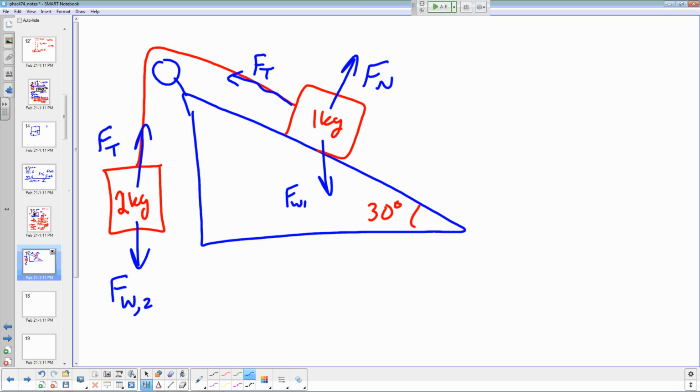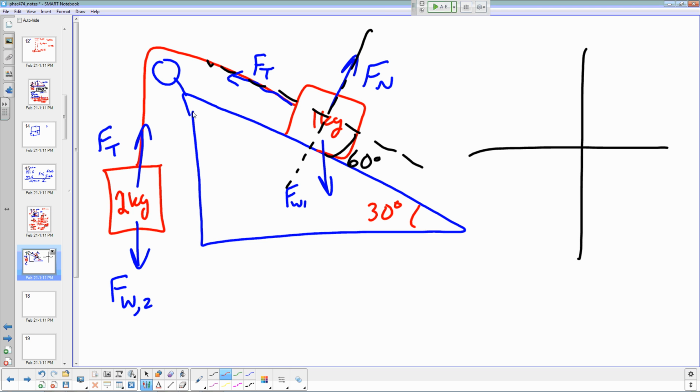Now, then we can do just like we did before, where I draw my x and y axes, this angle being 60 degrees, and draw this over here, my normal force, my tension, and I'm going to go ahead and do my x and y components, FW1 cosine of 60 and FW1 sine of 60.